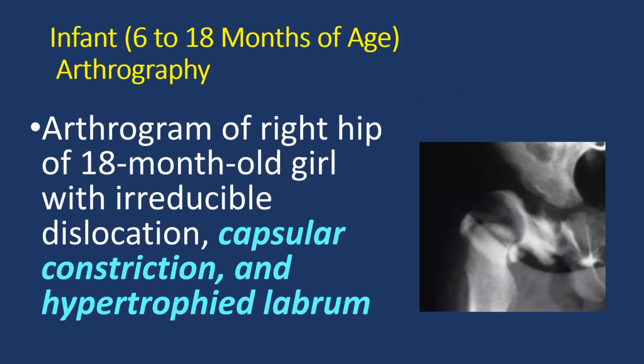You see that there is capsular constriction. Capsular constriction secondary to pressure of the iliopsoas tendon would interfere with reduction. So this tells us one of the interferences is the capsule. Second is the labrum.